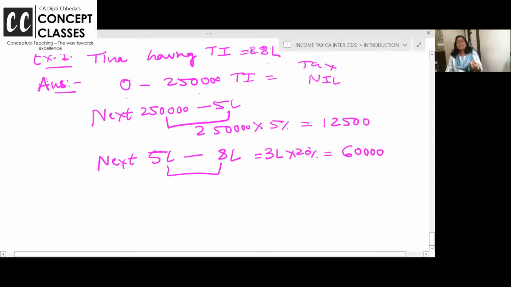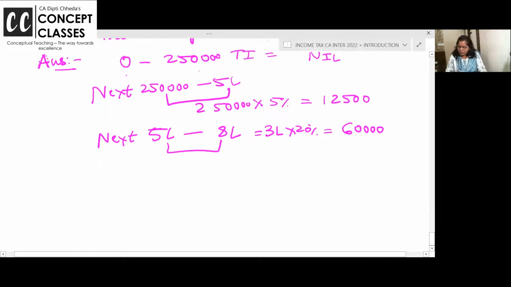Some of you may be thinking, ma'am, 30% didn't come, because Tina didn't cross the income of 10 lakh. If you are earning above 10 lakhs, you pay a little extra tax. If you are earning 2 lakh, you don't pay. I hope you are getting why the slab rates are there. Because whoever earns higher income can afford to pay more tax to government. Simple logic. So, what is the total tax for Tina?